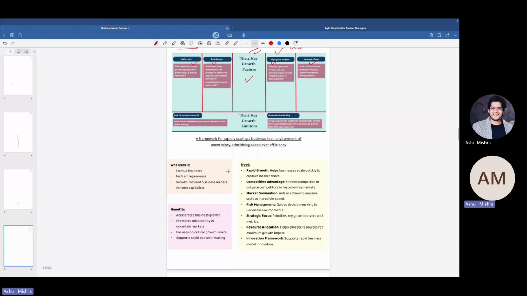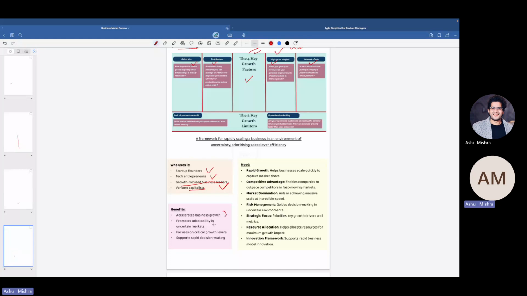Now, who uses it? As the name suggests, it is a framework that is focusing more on the rapid expansion of products and companies. So, startup founders, tech entrepreneurs, growth focused business leaders, venture capitalists are the ones who are using this kind of framework. What does it benefit for?